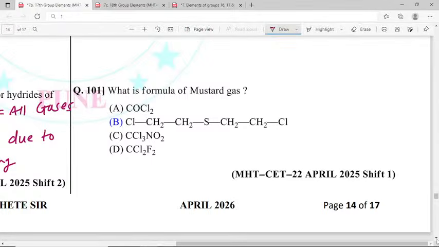What is the molecular formula of mustard gas? So this is mustard gas. This is tear gas.